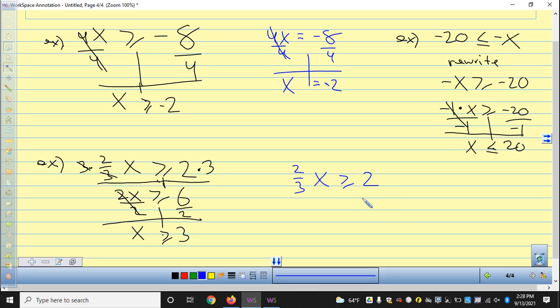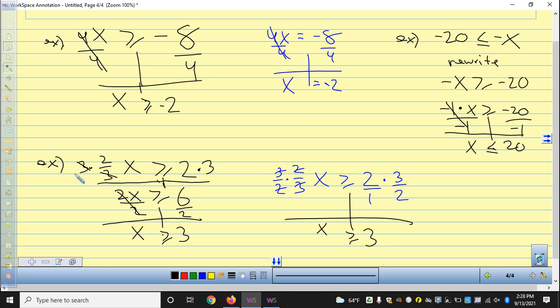What if I multiplied both sides by the reciprocal of this thing? Times 3/2, times 3/2. Well, the 3's cancel, the 2's cancel, and I get that x is greater than or equal to, I can think of this as 2/1, and I multiply straight across, 6 divided by 2, which is 3.